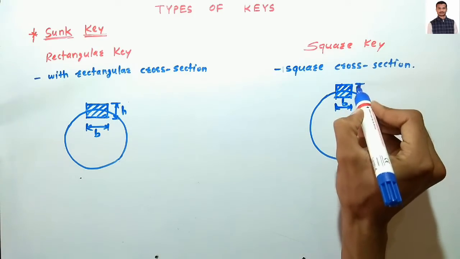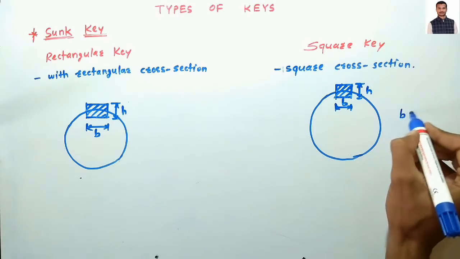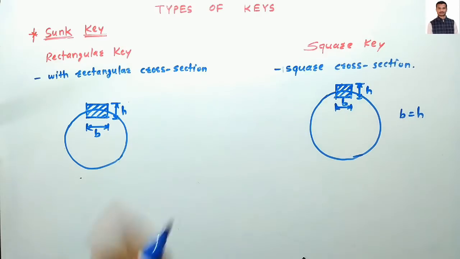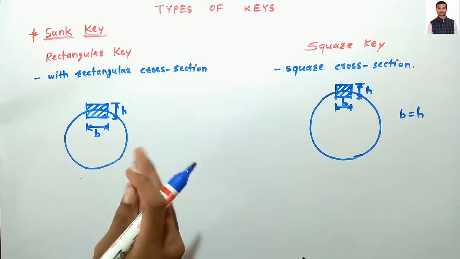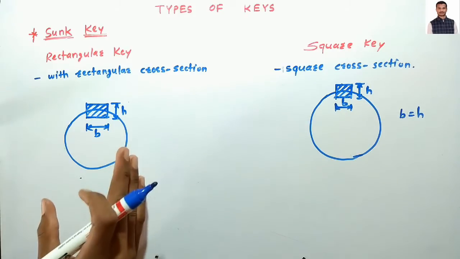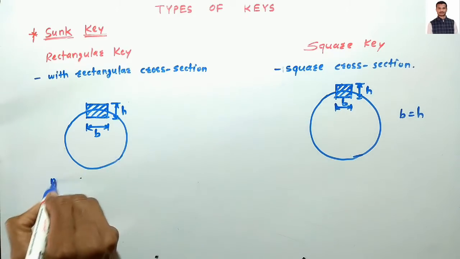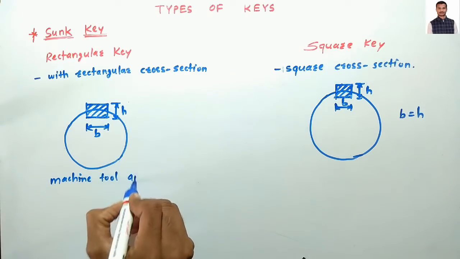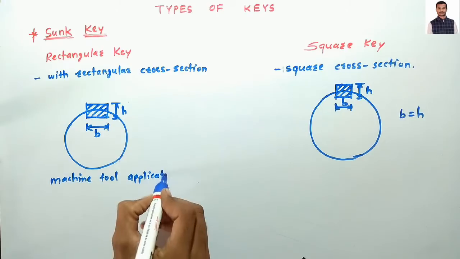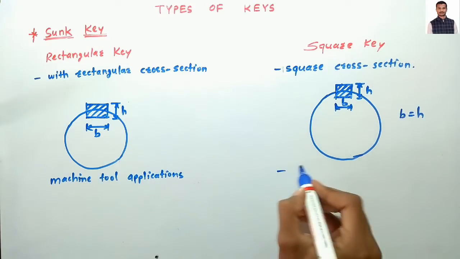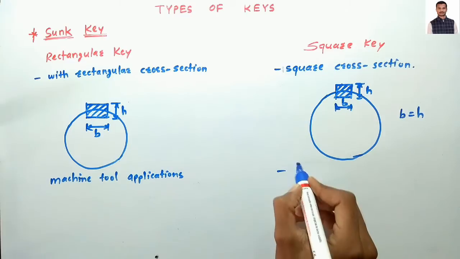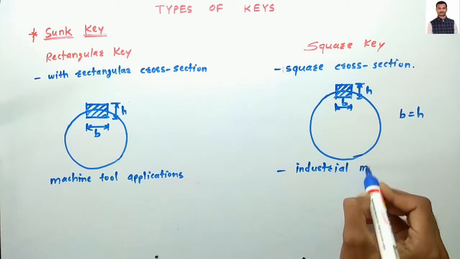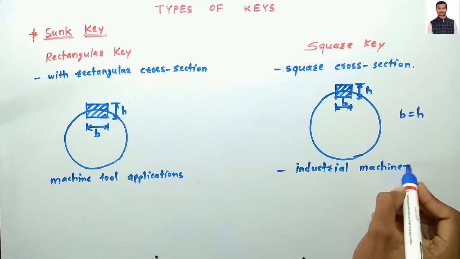B and H are the same in a square key. It is not the same in a rectangular key. This key is used in machine tool applications and is mostly used in industrial machinery.